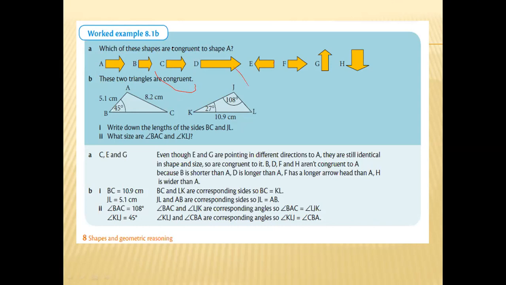Because when you look at the shapes, you can see that C, E, G are congruent to A. Even though E and G point in different directions to A, why are they congruent to A? Because their shapes are the same.